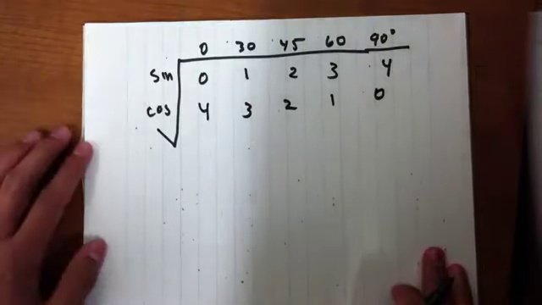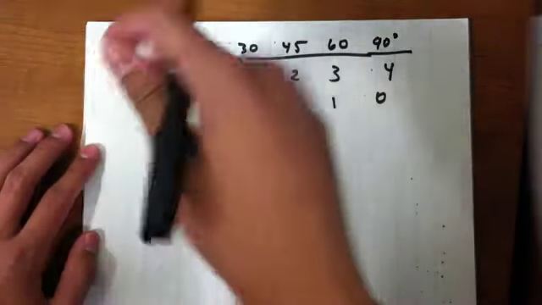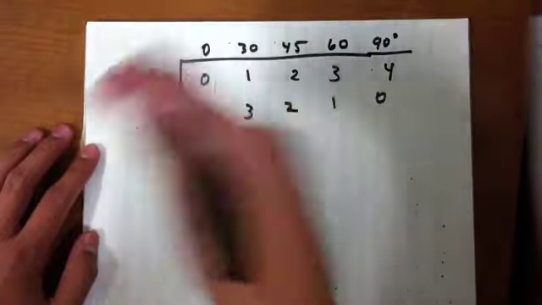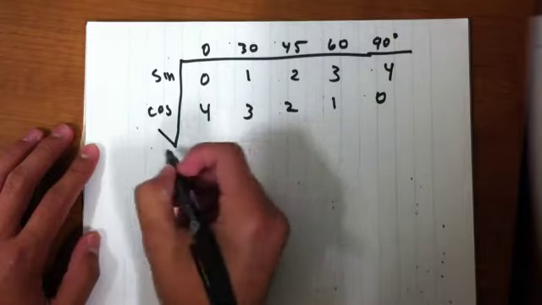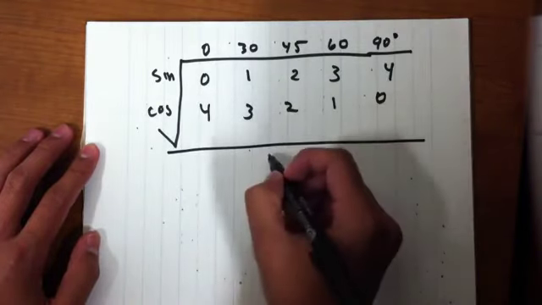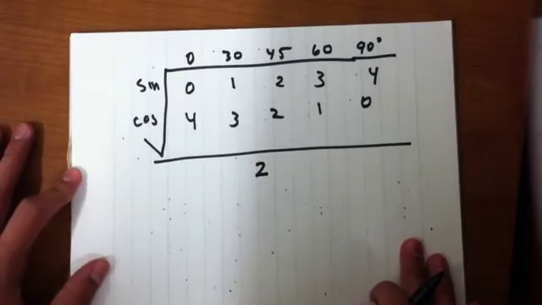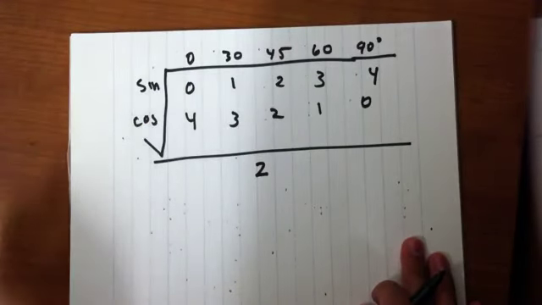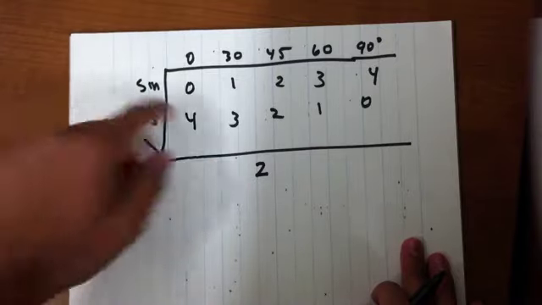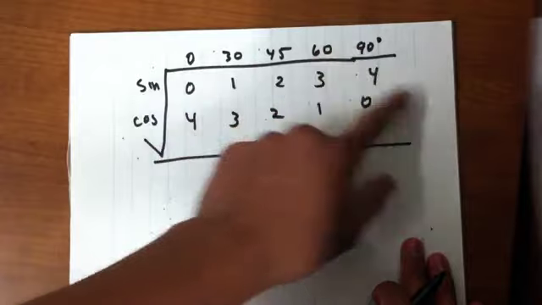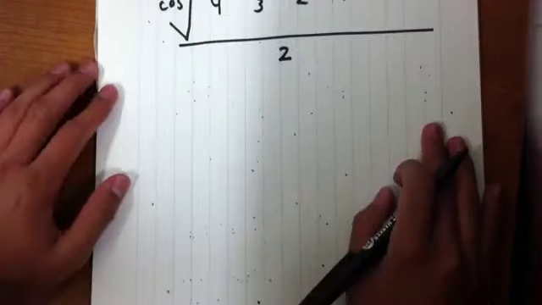If you are taking a test, you could write this on scratch paper and come back and check from there. And then you set everything divided by 2. This is basically the chart that will help you do well, not by memorizing, but by learning how to find the exact values of these angles for sine, cosine, and I'll show you at the end for tangent.